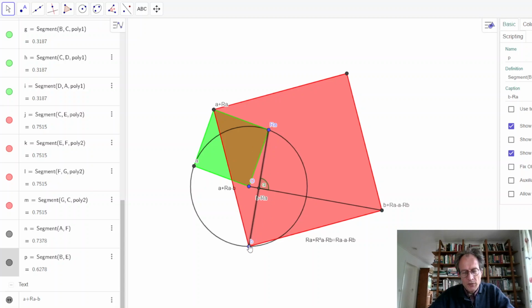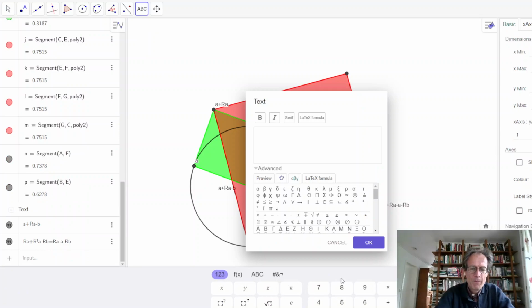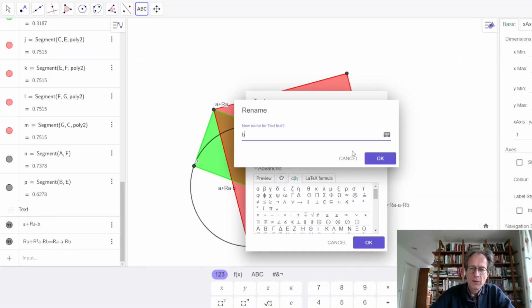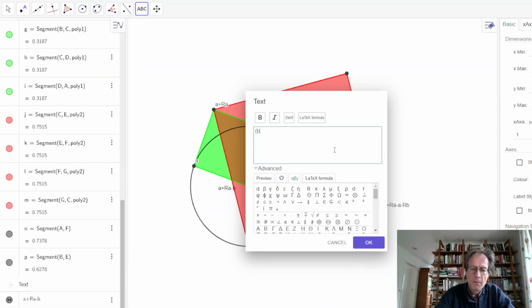So from there to there, I'm going to take the dot product of those two vectors, this vector and that vector, and see what it evaluates to. So the dot product of B minus RA, and that's the dot product, the asterisk, with B plus RA minus A minus RB.